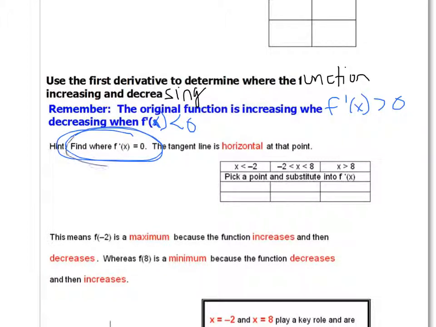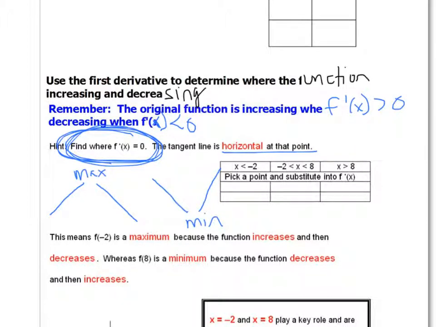We're going to find where the first derivative is 0, because that's a horizontal tangent. Then we're going to make a chart to decide if the first derivative is positive or negative, to know if the function's then increasing or decreasing. Because if we go increasing and then decreasing, we have a max. If we go decreasing and then increasing, we have a min.